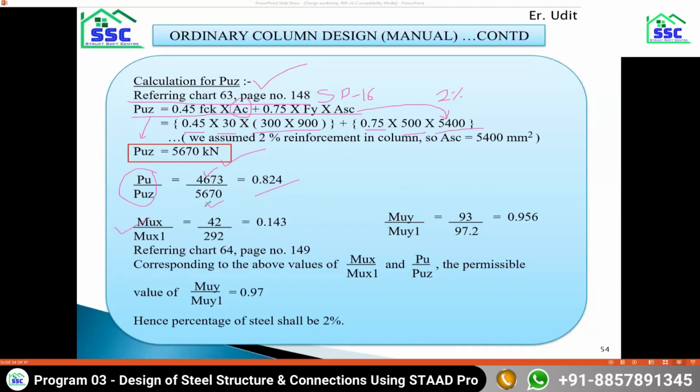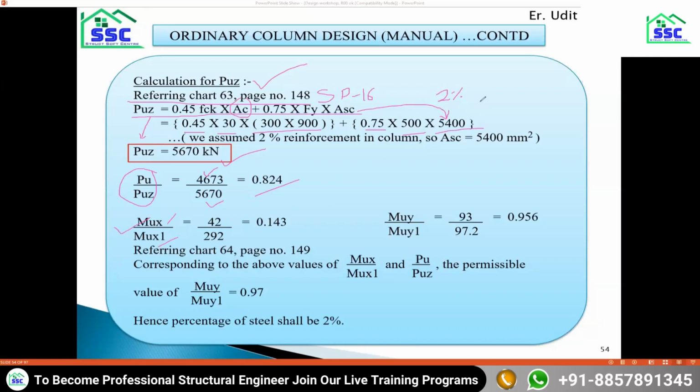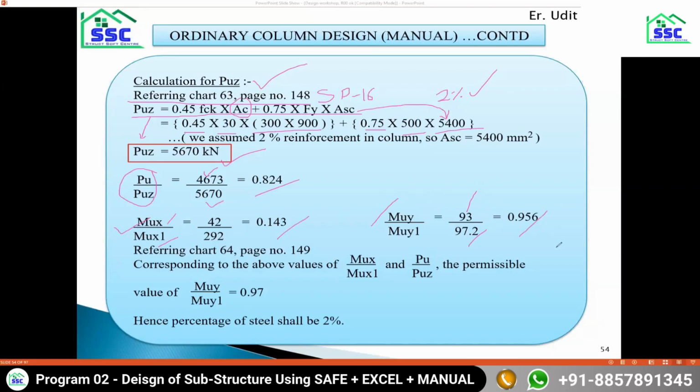And similarly, if you calculate this factor Mux by Mux1, where Mux is our design bending moment and Mux1 is our bending moment capacity for that much percentage of steel, we get that factor as 0.143. Now, if you similarly calculate Muy by Muy1, this is the design bending moment along the minor axis, and this is the capacity of the column along the minor axis, we get this factor as 0.956.